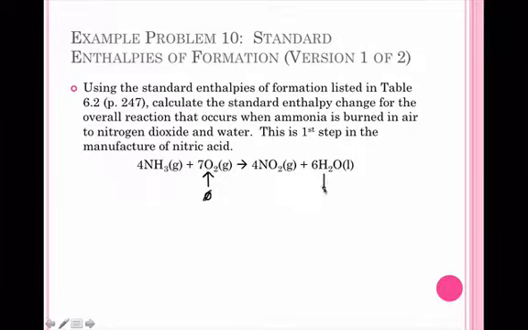So water's heat of formation is negative 1716 kilojoules. And remember we said we have to multiply by the coefficient, so I'm going to take that times 6. Let's see, nitrogen dioxide. I have 4 of them, and I've found nitrogen dioxide.